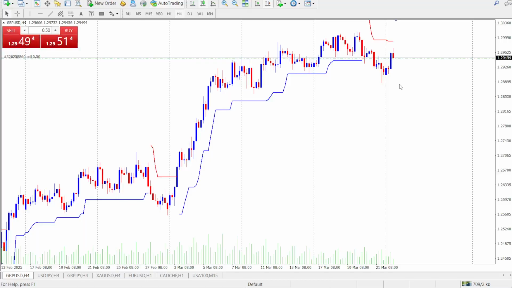So the ATR trailing stop indicator has a couple of benefits.